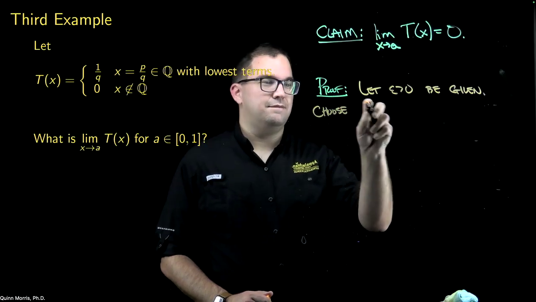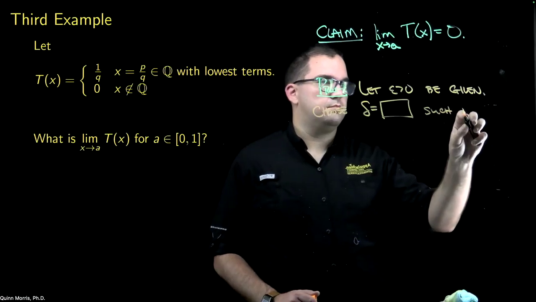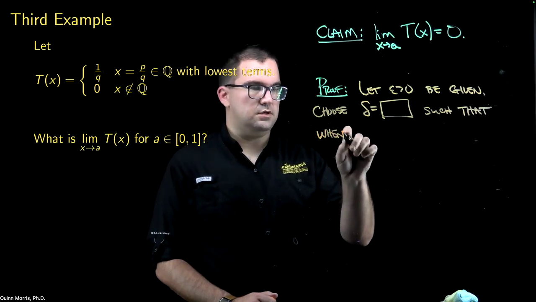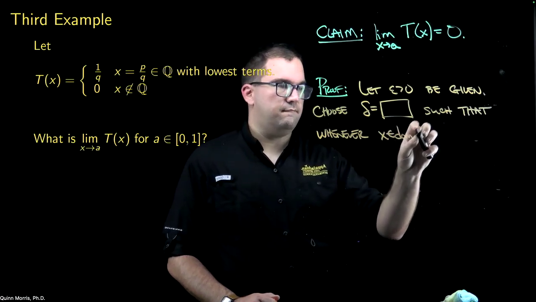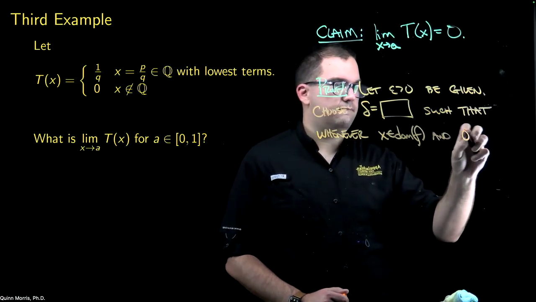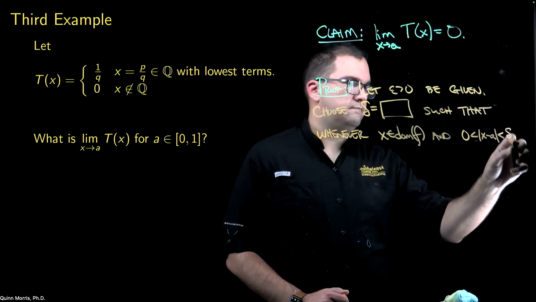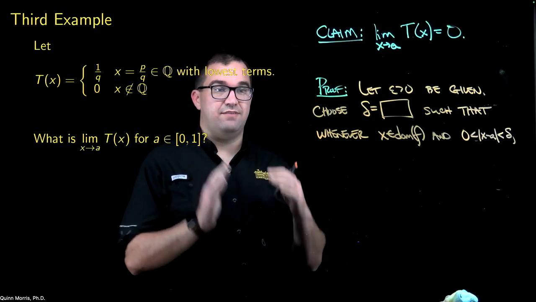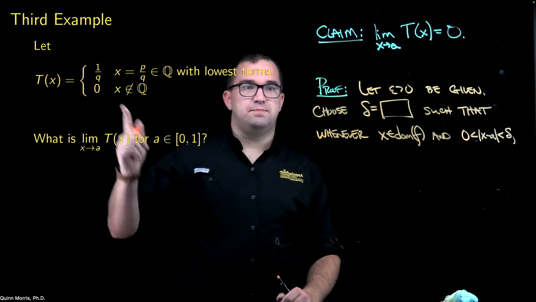I don't know how yet, such that whenever x is in the domain of f, and now I need to look at this quantity in absolute value, t of x minus L.